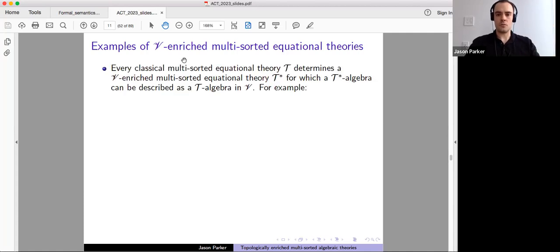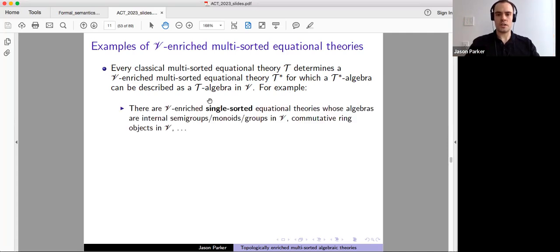So every classical multi-sorted equational theory T induces a V-enriched multi-sorted equational theory that we can just call T star, for which a T star algebra can be described as a T algebra in V. So for example, there are V-enriched single-sorted equational theories, where S is just a singleton set of sorts, whose algebras are internal semigroups or monoids or groups in V or commutative ring objects in V, and lots of other examples in this vein.